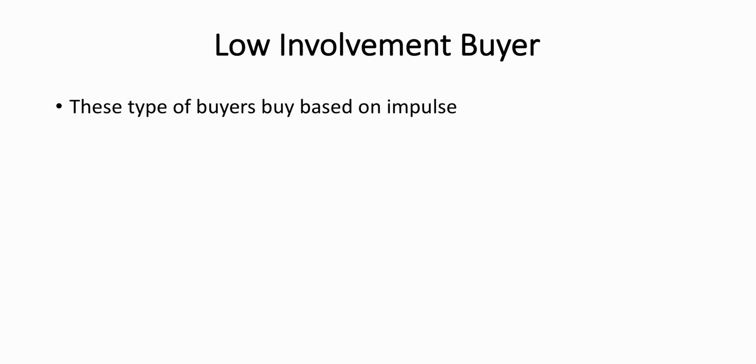A low involvement buyer buys based on impulse. For example, if you go to a supermarket and see magazines, or something you really like, a piece of chewing gum or a drink, you're going to buy that on impulse. At the checkout you'll see products like chocolate bars and drinks, which target these impulse buyers.